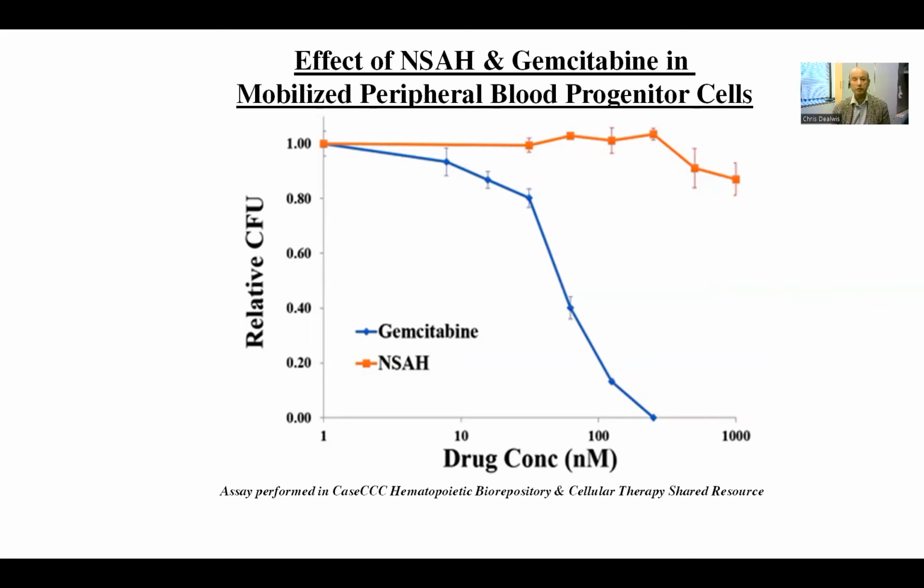So what we show here is that gemcitabine in a colony forming assay is killing all the colonies at around nanomolar levels, whereas NSAH is 1,000-fold safer, and it hardly killed any cells at the micromolar level. So we expect NSAH to be a safer therapeutic for treating patients.